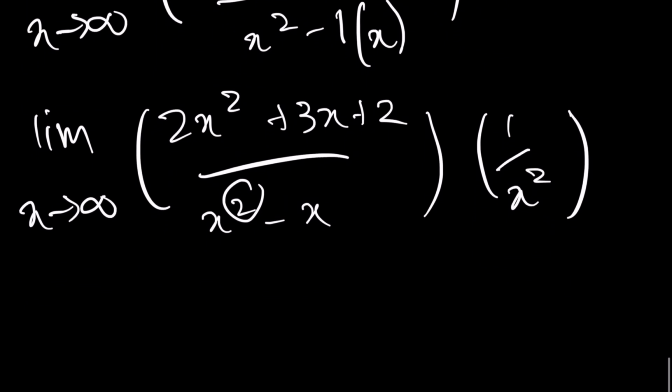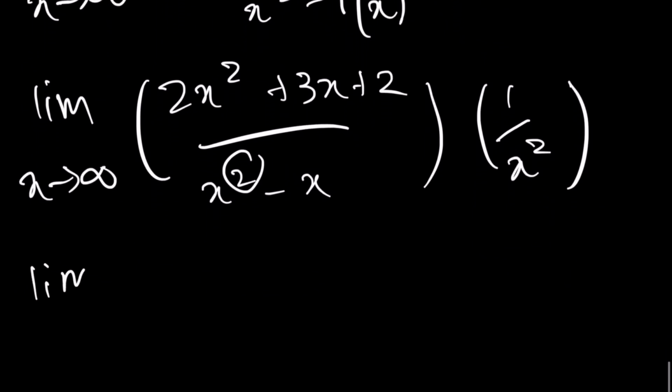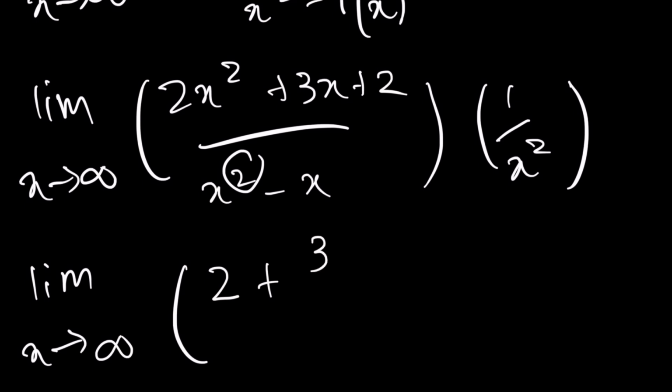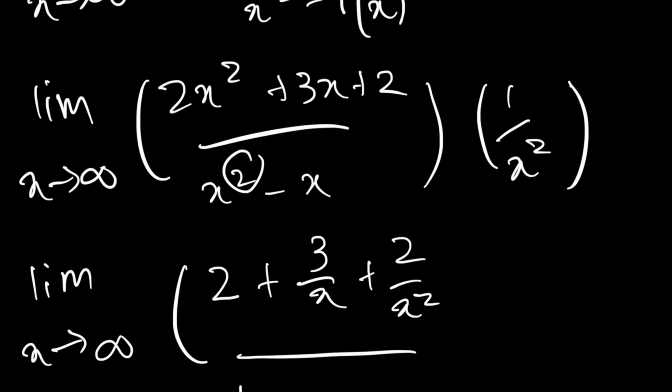So when we do this, we'll get the limit as x approaches infinity of 2 plus 3 over x plus 2 over x squared, over 1 minus 1 over x.